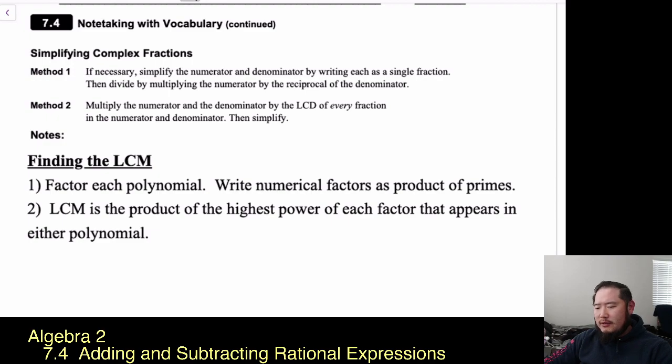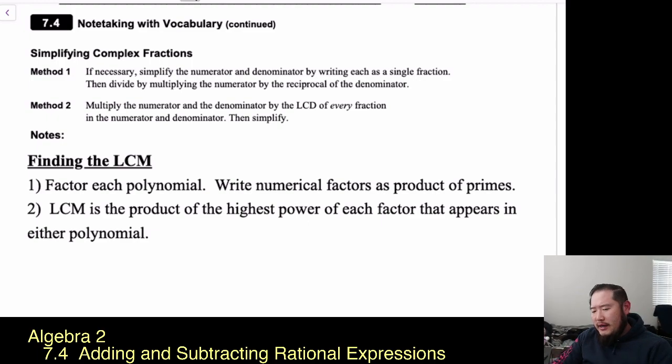Method 2, multiply the numerator and the denominator by the LCD of every fraction in the numerator and denominator, then simplify. Kind of what I showed you in the previous core concept, you want to multiply the numerator and denominator by what the LCD is, or sometimes what one fraction has that the other doesn't. And then from there, you can go ahead and simplify things.